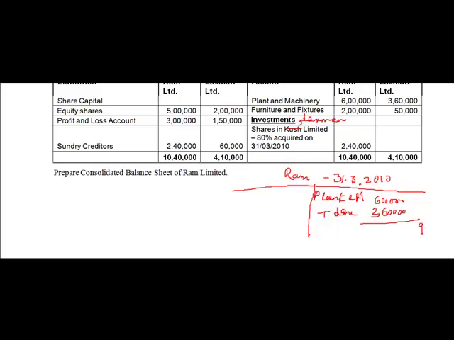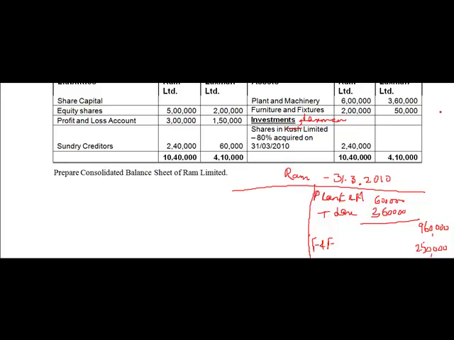So in the outer column, I get my 9,60,000 as the plant and machine. Very simple. There is no adjustment. In consolidation, what I did was I did the sum of these two. Similarly, for furniture and fixture, there is no adjustment. So I just straight away consolidate these two, 2,50,000.